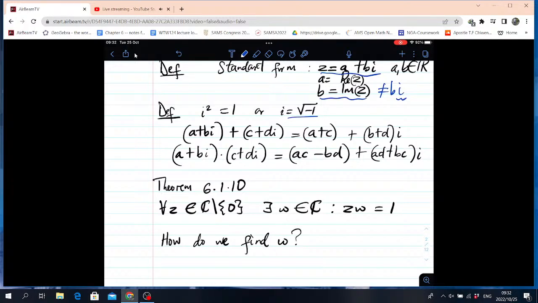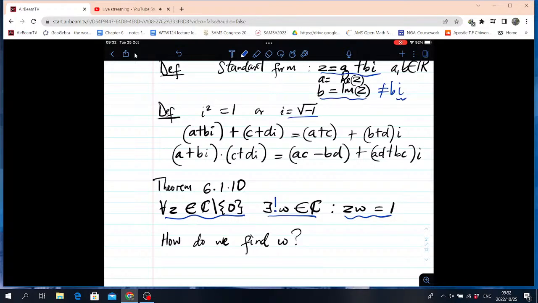And the answer was yes, if it's non-zero. So theorem 6.1.10 tells us that if you've got a non-zero complex number Z, then there exists a unique complex number W such that Z times W is equal to 1, and that is the inverse of Z, right?